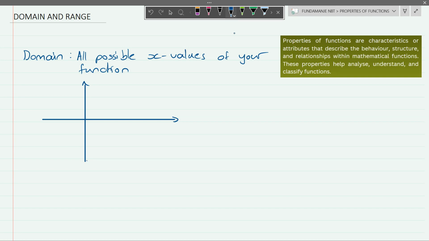So what I'm going to draw here is an inverse function, namely the logarithmic function. As we can see, the logarithmic function is not defined for any values where x is less than 0. It is only defined for values that are greater than 0, meaning that this is our domain.